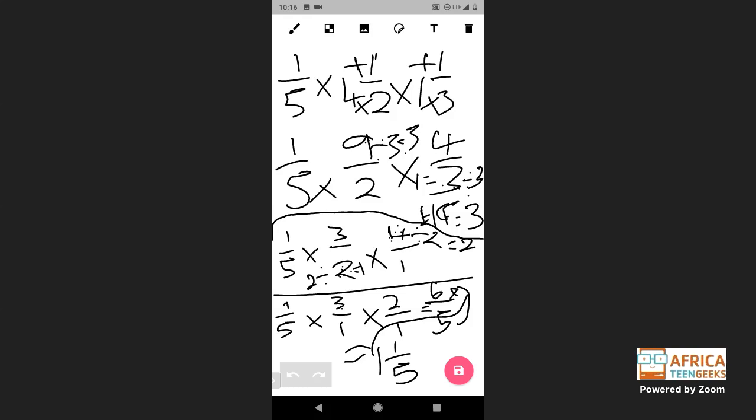And then we keep our denominator, which is 5. Right. And our final answer will be 1 and then 1 over 5. 1 is our whole number or natural number, and then we'll have 1 over 5. Right. So let's move on to the next question.